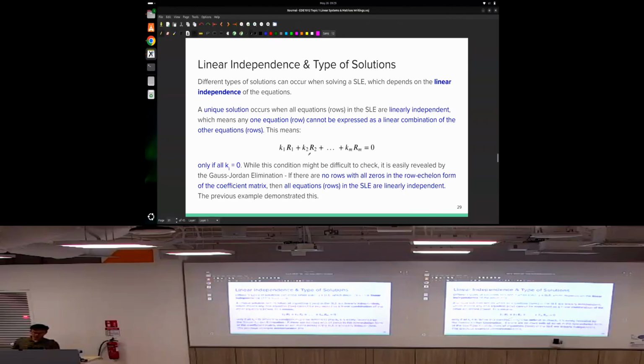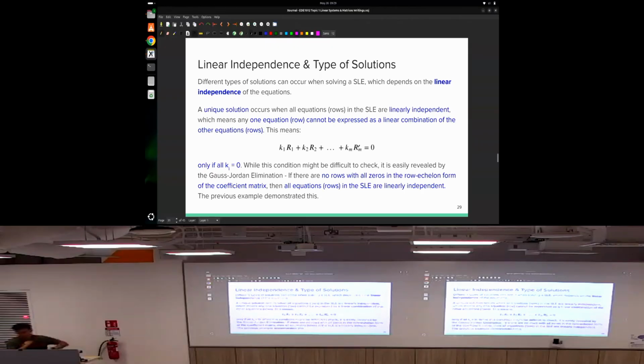Linearly independent means you can only get 0 on the right-hand side if and only if your k values are all 0. You get that right? If you can get 0 here only if all k's are 0, that means row 1 is not formed by a linear combination of other rows. Same thing goes for row 2, same thing for row 3, same thing until the last row.